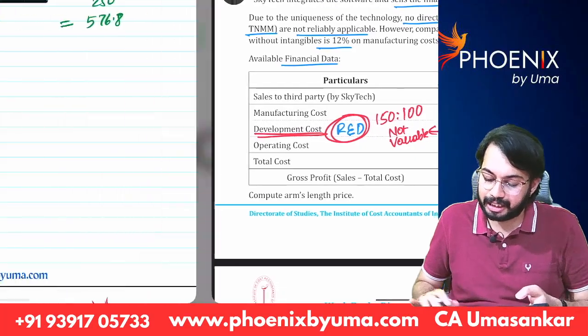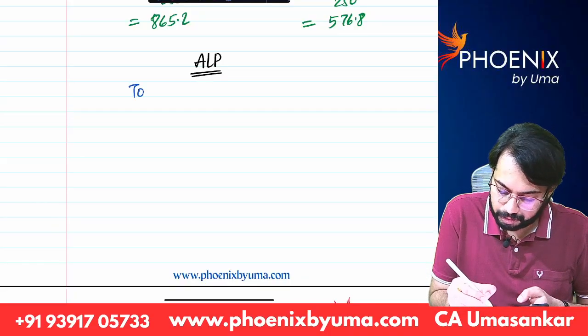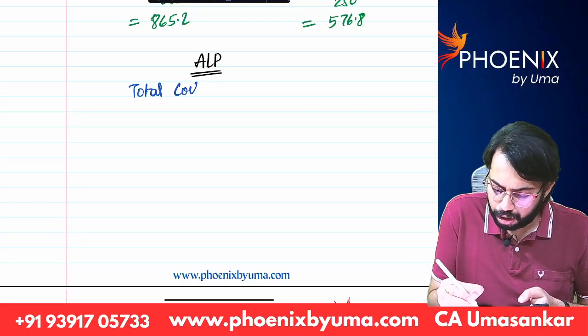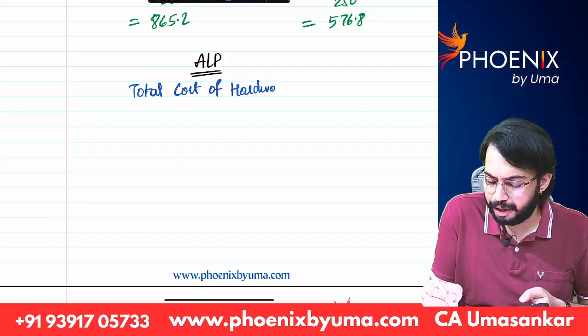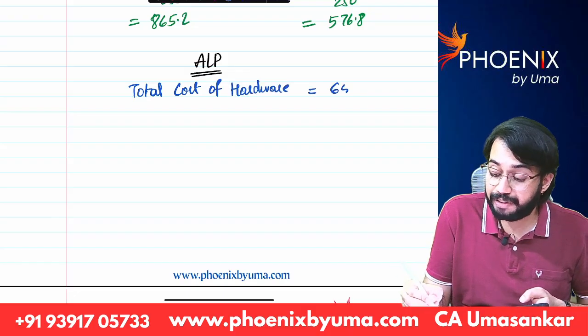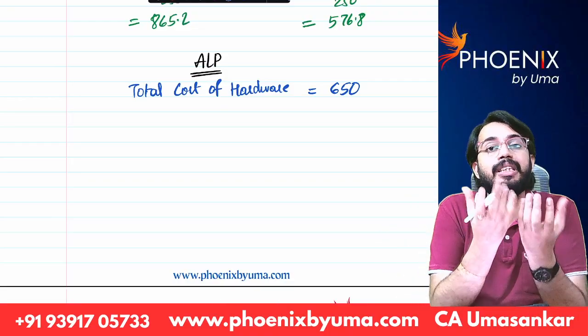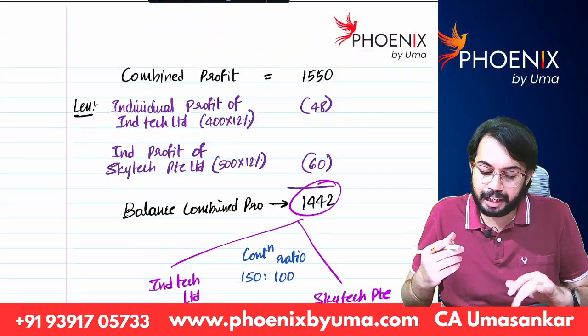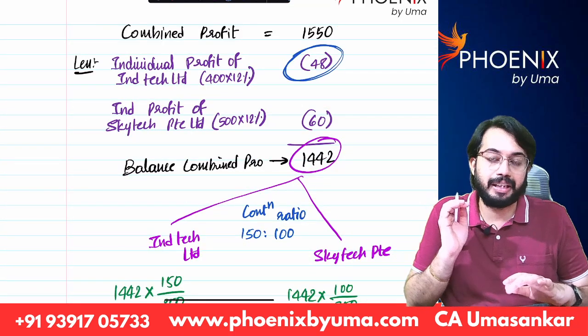Total cost of hardware is 650 rupees. If that hardware is sold independently in India, how much is the GP margin earned? If it is sold independently, GP margin earned is 48 rupees, correct?